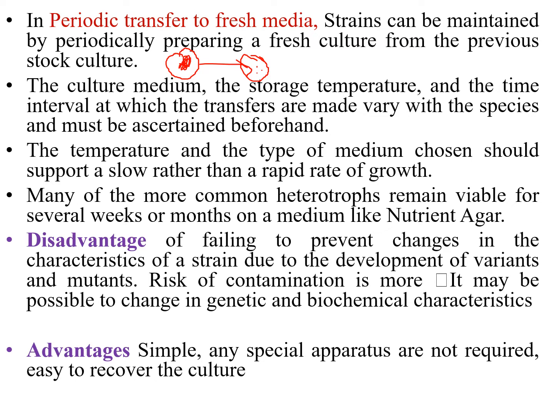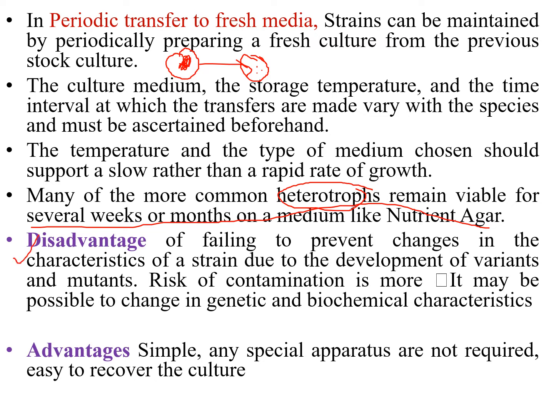The temperature and the type of medium chosen should support a slow rather than a rapid rate of growth. Many of the more common heterotrophs remain viable for several weeks or months in a medium like nutrient agar. So heterotrophic bacteria may remain viable for several weeks, even for a month, approximately 30 days, in a medium like nutrient agar.